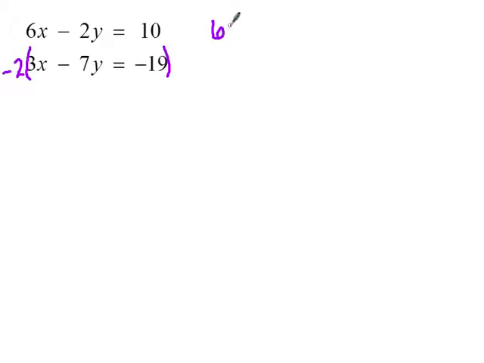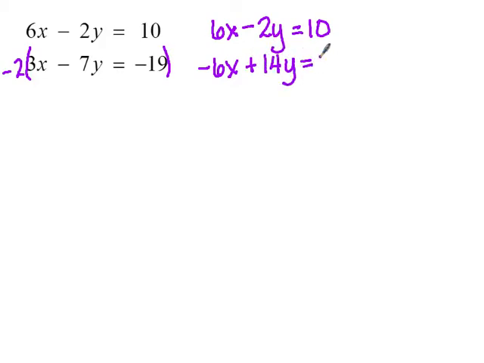So I have 6x minus 2y equals 10. And then I have negative 6x. Can somebody finish for me? Okay, keep going. Equals 5. 38, good job.